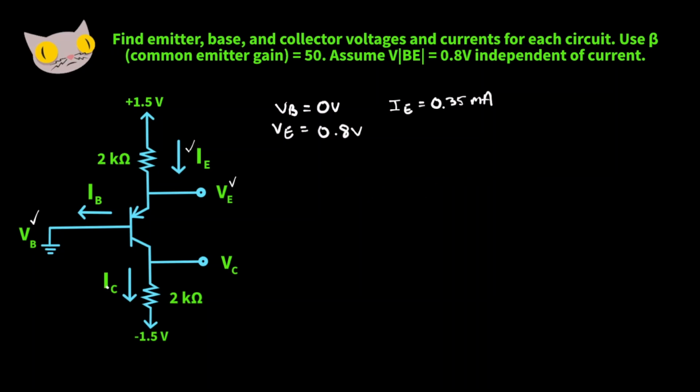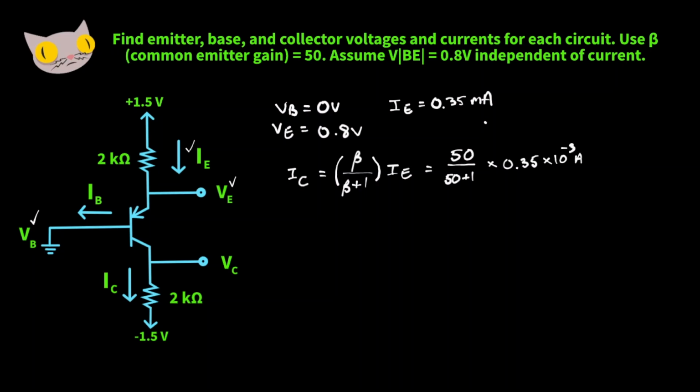Next, we're going to find the collector current. For this type of transistor, we're going to need beta over beta plus 1 times the emitter current. So that's going to give us 50 over 50 plus 1 times 0.35 times 10 to the negative 3 amps.